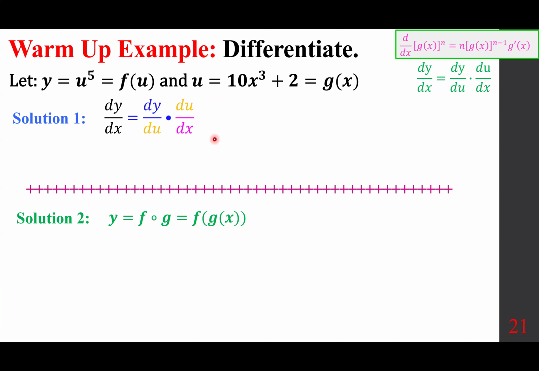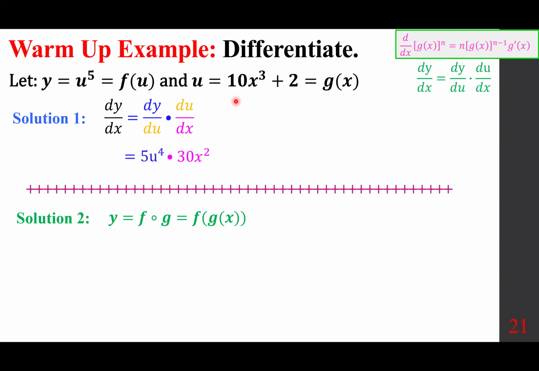But what does it mean, dy/du? Well, take the derivative of this function with respect to its independent variable u, which makes it 5u to the power 4. Then du/dx: take the derivative of this function with respect to its independent variable x, which makes it 30x squared.